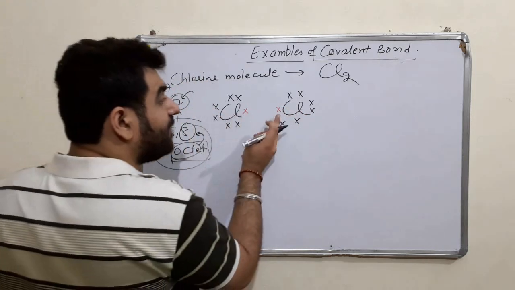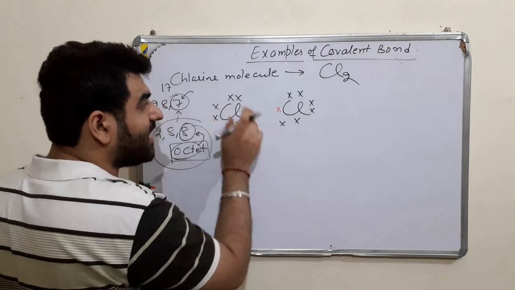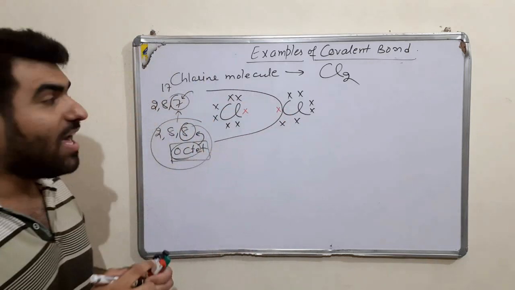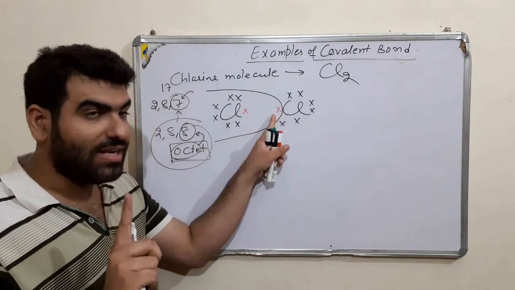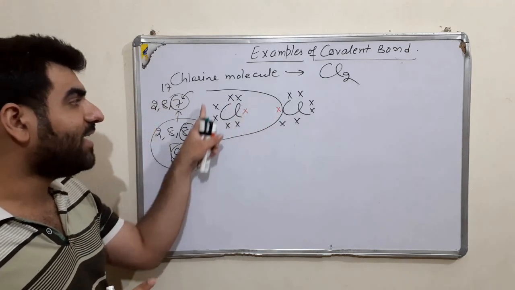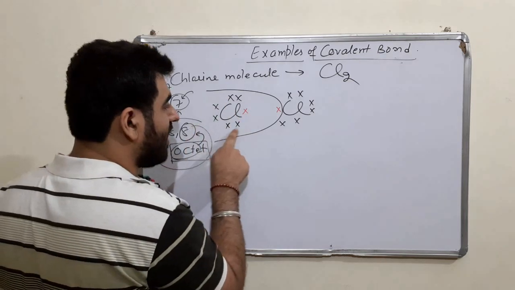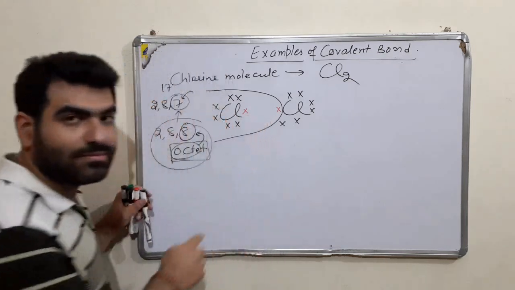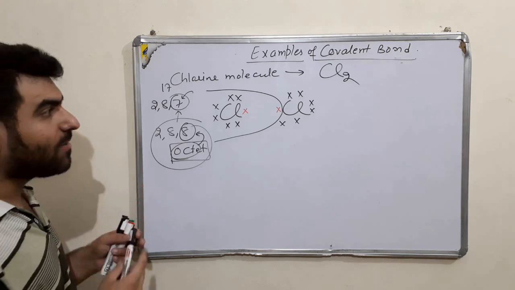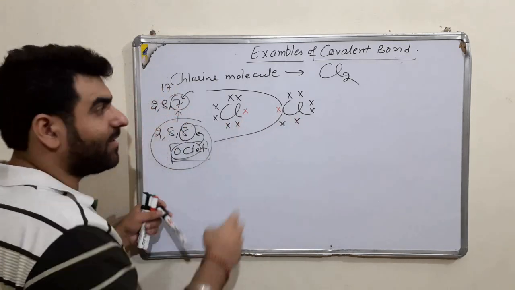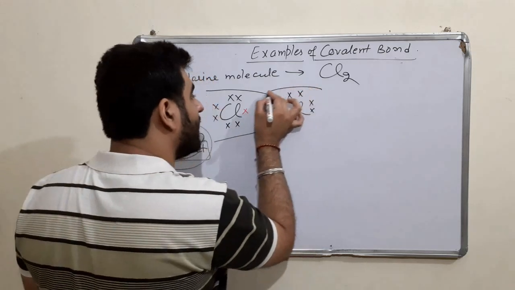Now, if this electron, this 1 electron, is shared by this chlorine, let us count the number of electrons. 1, 2, 3, 4, 5, 6, 7, 8. Octet is complete. 1 electron has been shared for this chlorine. Let us talk about the other.